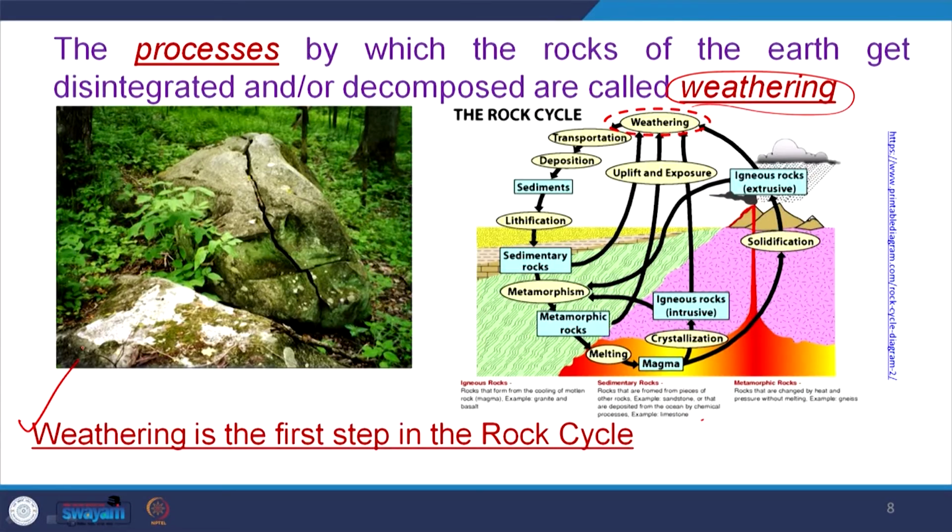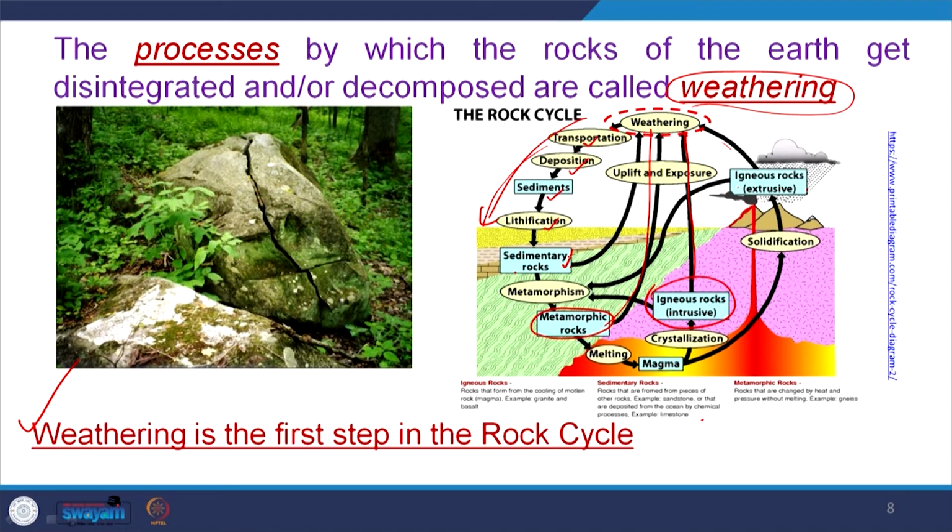So, this is the first step of the rock cycle. If you see here, extrusive igneous rocks get weathered, transported, deposited, and create sediment, then lithification and sedimentary rocks. Similarly, metamorphic rock gets weathered, the same process continues, and finally it creates sedimentary rock. Intrusive igneous rocks get weathered and through the same process create metamorphic rock.